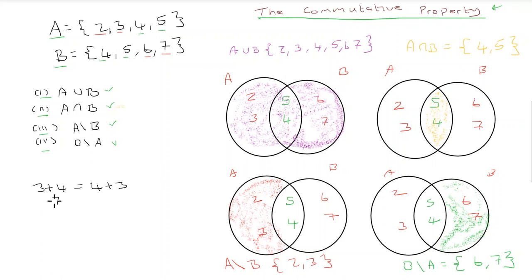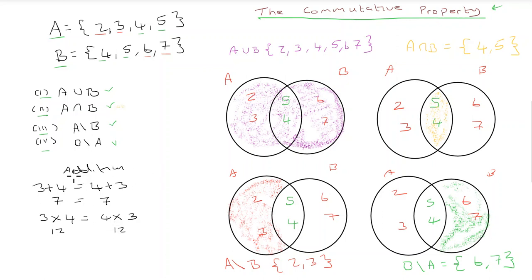So both are equal to 7. And also the same with multiplication. If we have 3 multiplied by 4, that's the same as 4 multiplied by 3. So it doesn't matter which way you multiply it. Both of them are equal to each other. So both of these are going to be equal to 12.